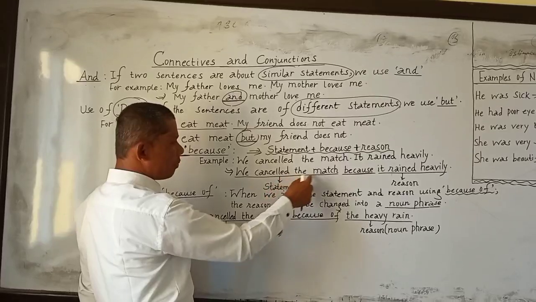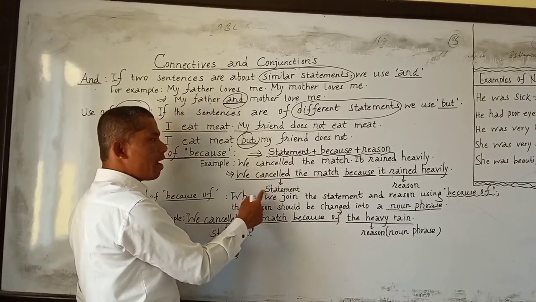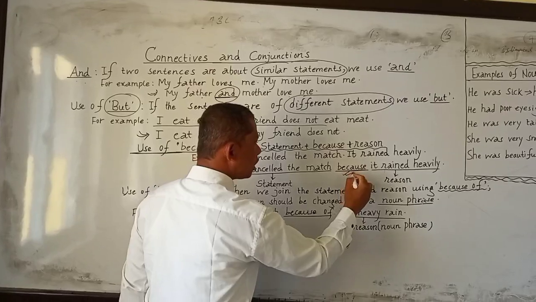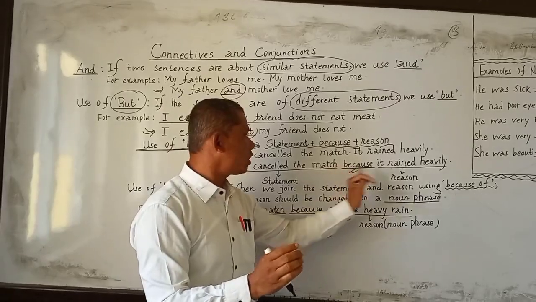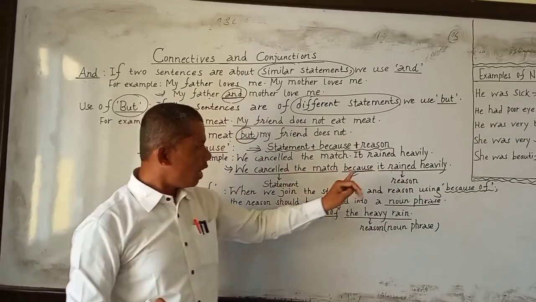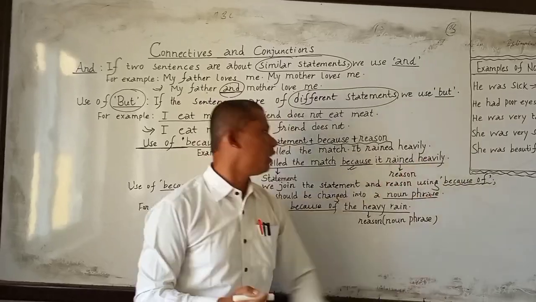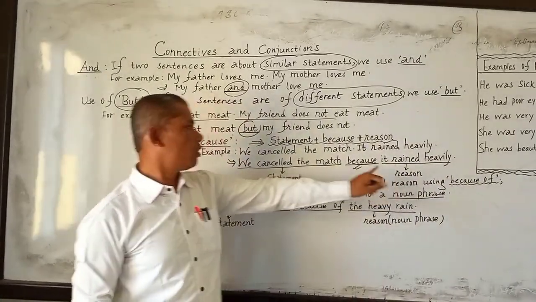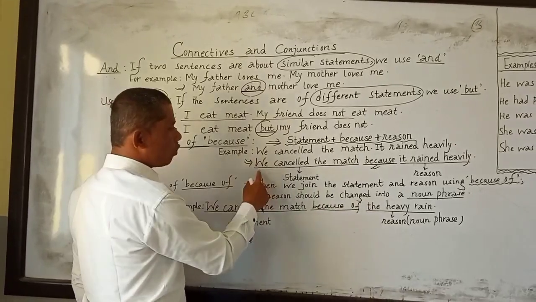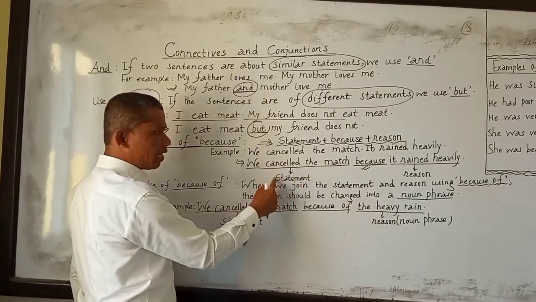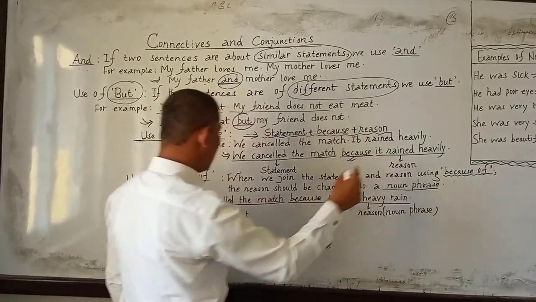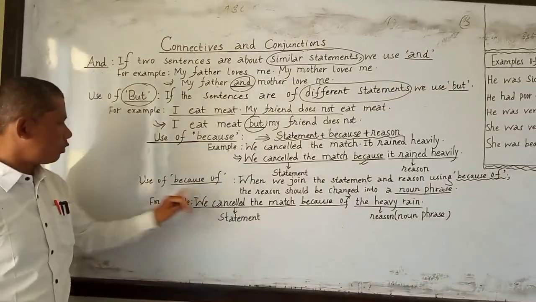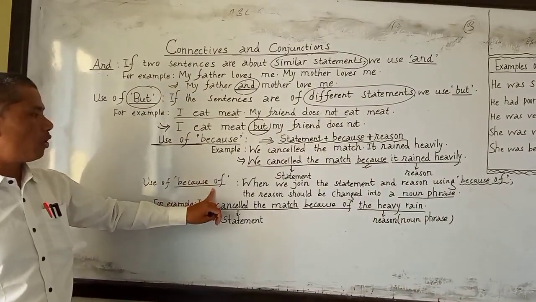So "we cancel the match" is the statement, and "because" is the bridging word which is connecting these two sentences, and "it rained heavily" is the reason. So we can say that "we cancel the match" is the statement, "because" is the conjunction, and "it rained heavily" is the reason.